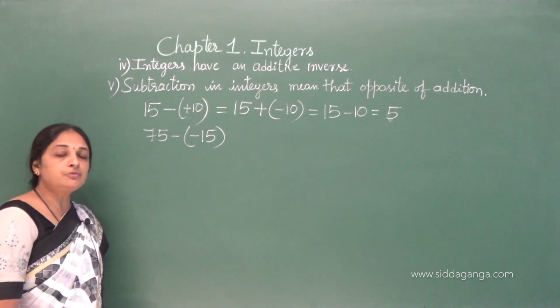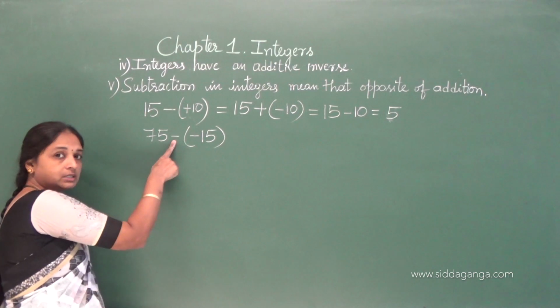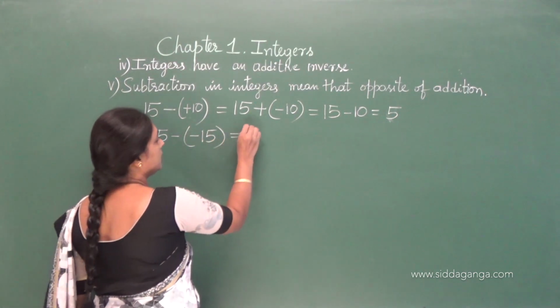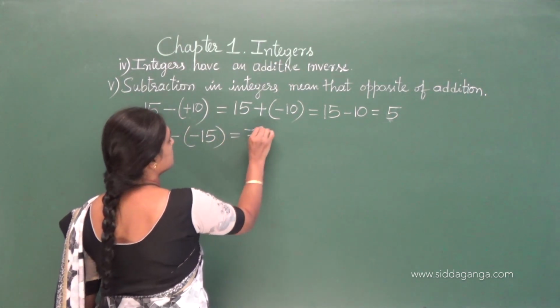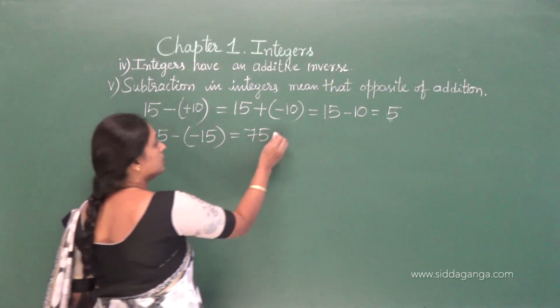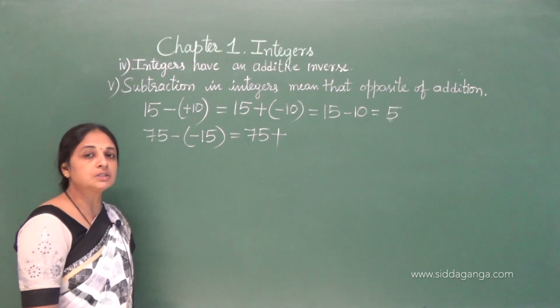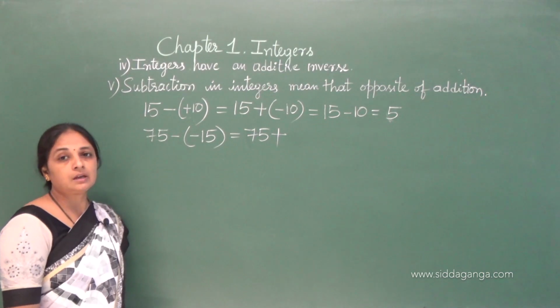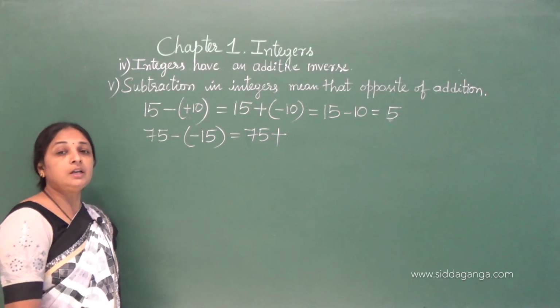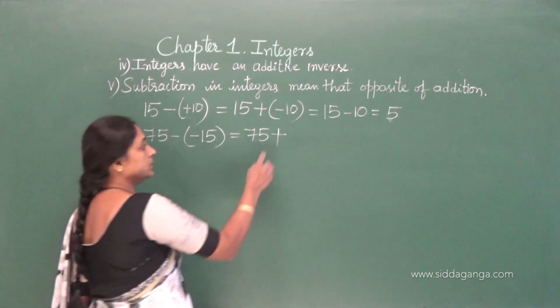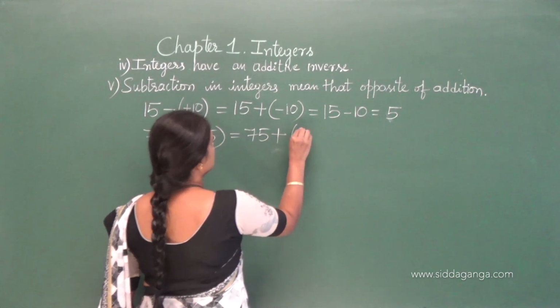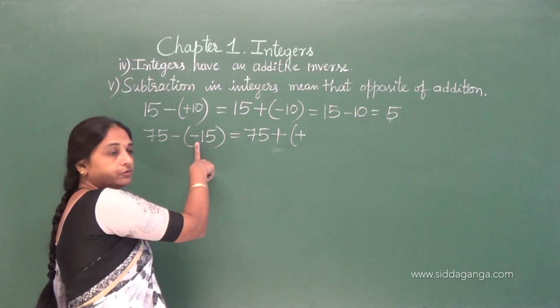75 minus of minus 15, this is subtraction. Then we can write this as 75 addition. Subtraction means addition of the additive inverse of the given number. So what is the additive inverse of minus 15?